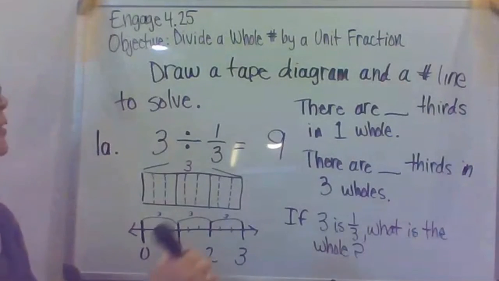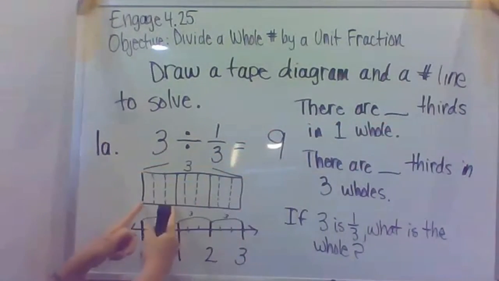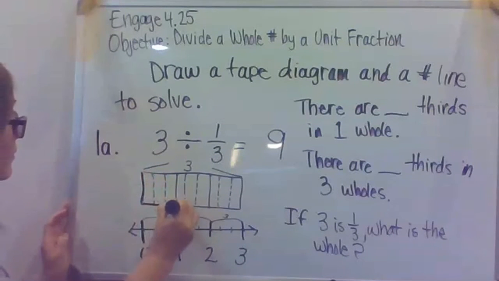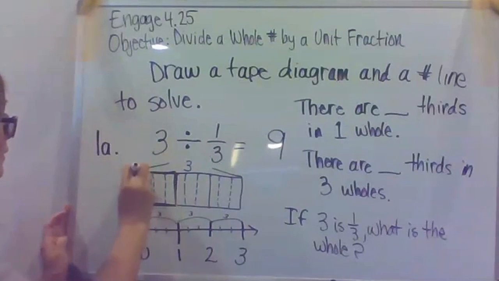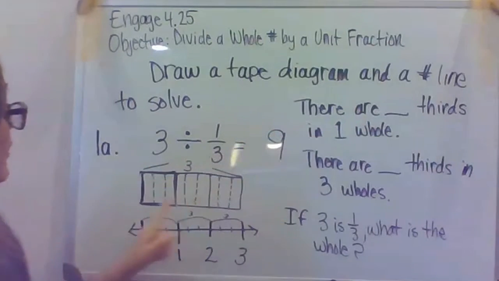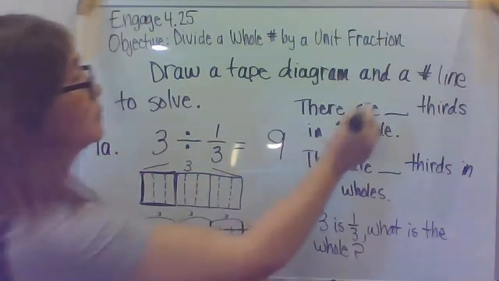So let's look back at what we have. So if there are blank thirds in one whole, well, here's the one whole, right? There's our one whole. So there are blank thirds in one whole. Look at this one whole. How many thirds are in there? 1, 2, 3.